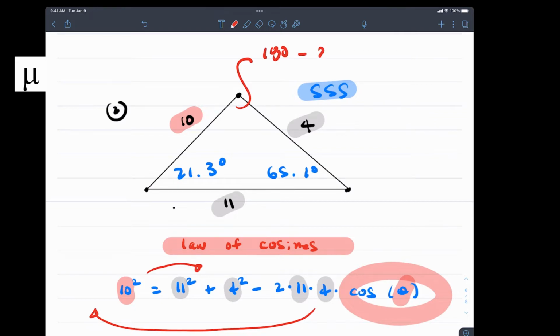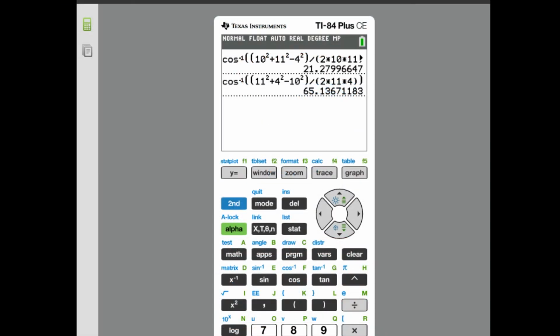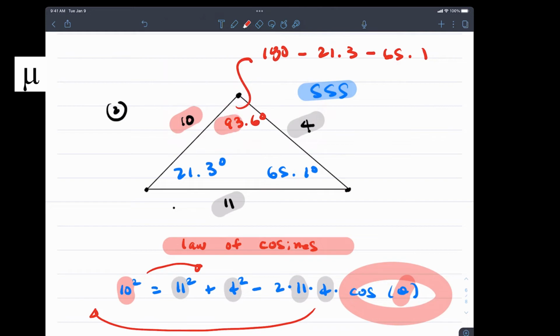So that'll be 180 minus 21.3 minus 65.1. And there you go. And there it is.